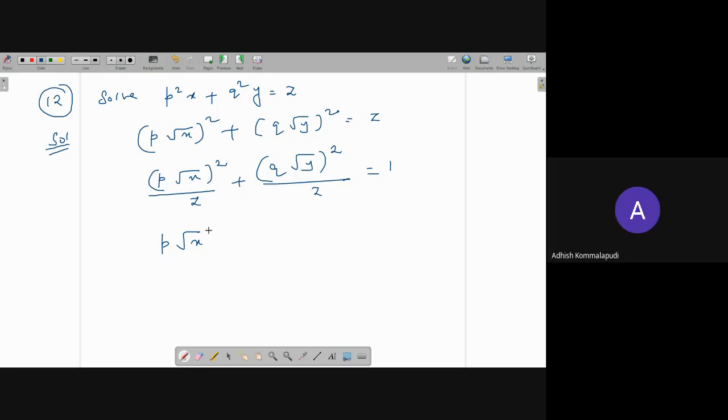So root x by root z whole square, with root z whole square in the denominator. So that becomes root z whole power minus 2.